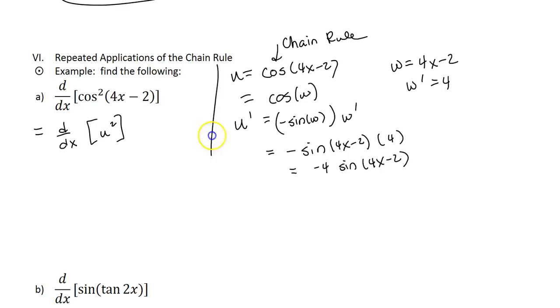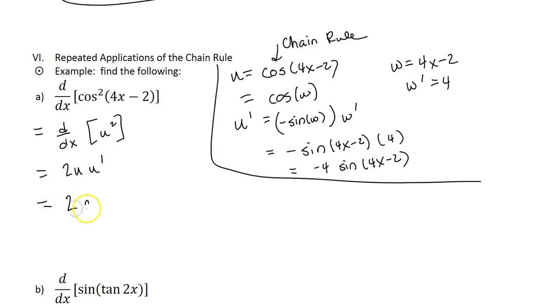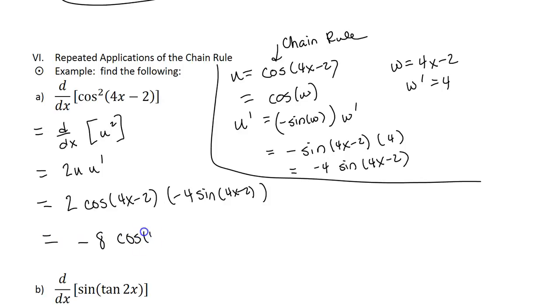So the whole reason we did that is because when we come over here to do the actual derivative, this is going to be 2u to the first power times u prime, and we needed that u prime. So that'll be 2 cosine of 4x minus 2 times negative 4 sine of 4x minus 2. So that all simplifies to be negative 8 cosine of 4x minus 2 sine of 4x minus 2.